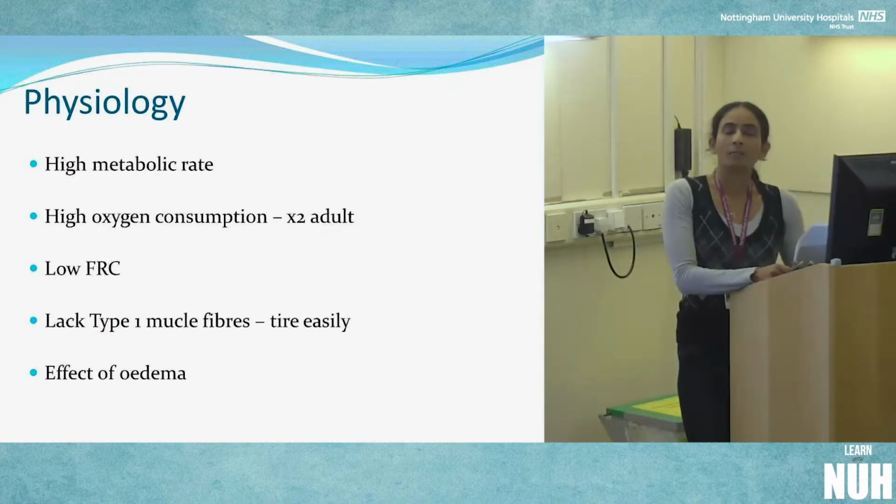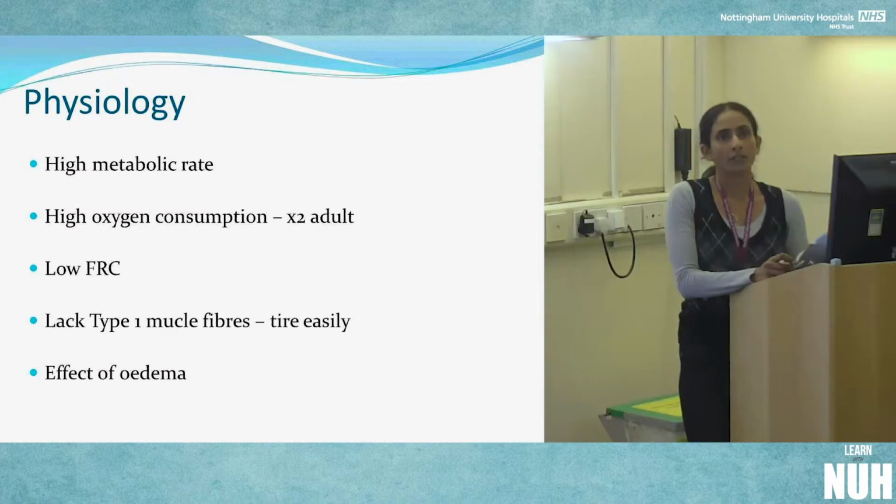They have very compliant chest walls and not so compliant lungs, which means that their functional residual capacity is low, causing atelectasis and desaturation pretty quickly. The muscle fibers that they use to breathe with are type 1 muscle fibers. They tire easily, so if they start developing respiratory distress, they progress pretty quickly to not being able to manage by themselves.